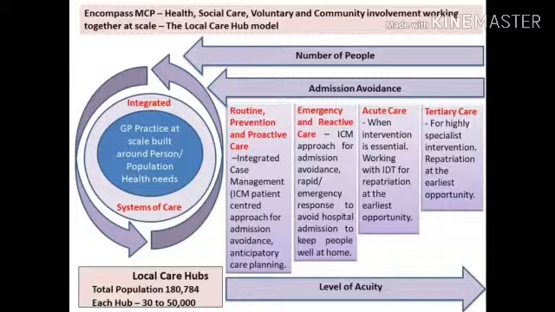Then moving on, of course, people will always get into trouble. We can't anticipate everything, but how do we try and keep people away from the front door of the acute trust? How do we have community resilience there that is reactive and can avoid admission? Or if people do hit the front doors of A&E, how do we get them out quickly so that they don't go into a hospital bed and deteriorate?